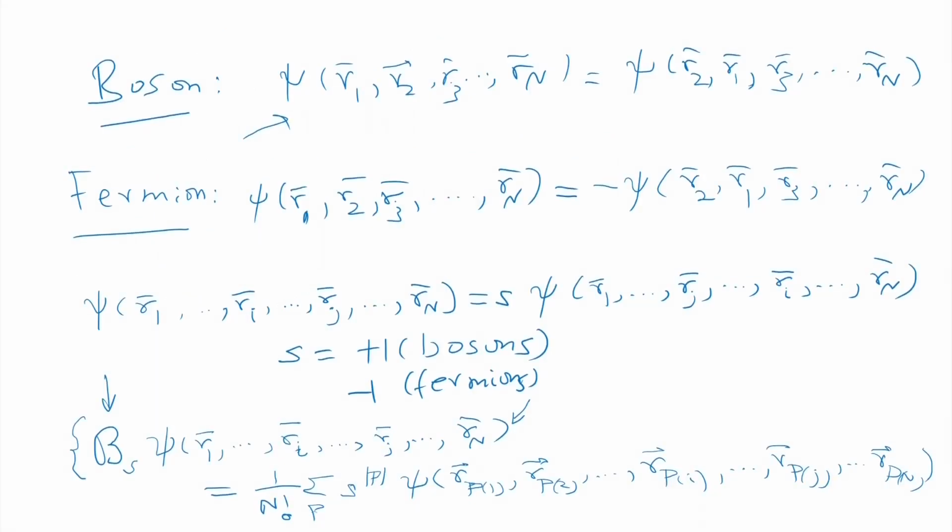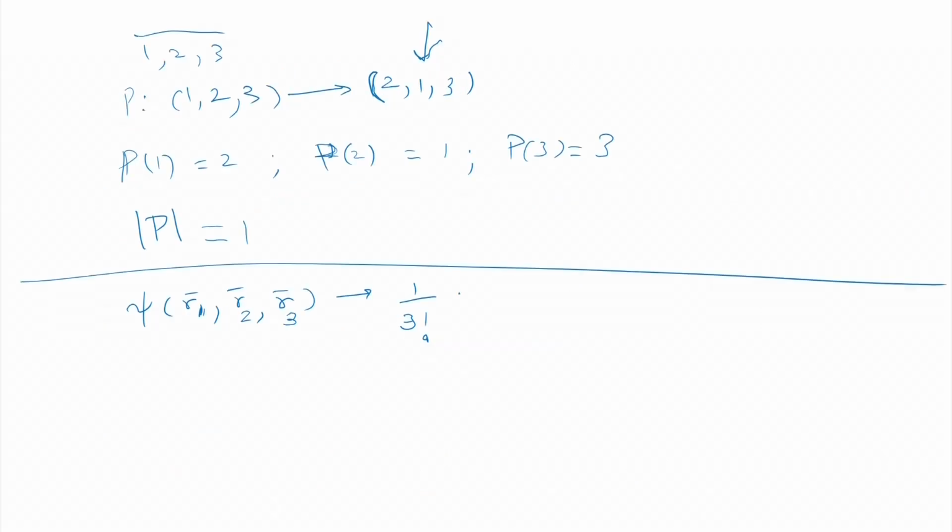Capital N is 3 and S is plus 1 because you want a system of 3 bosons. Then 1 raised to mod p is always 1, then you have to sum over all the permutations. How many permutations of 1, 2, 3 are there? There are 3 factorial, which is 6 permutations.